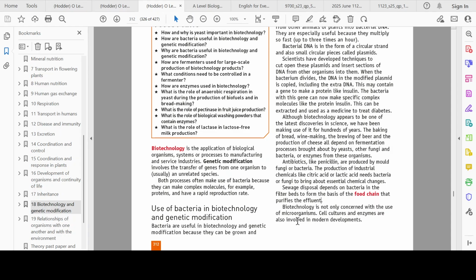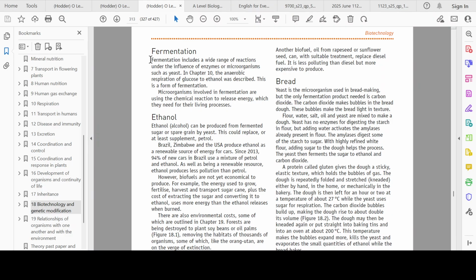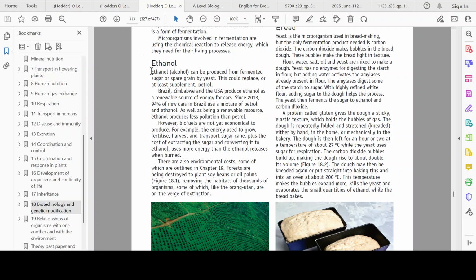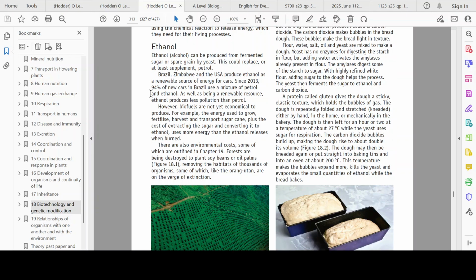Okay, so biotechnology does not only concern microorganisms. Cell cultures and enzymes, as I mentioned, are also used in modern developments. Fermentation involves the anaerobic respiration of yeast converting glucose to ethanol. Over here, it's talking about how ethanol can be used as a source of fuel, but the problem is that the sugar cane that needs to be grown is expensive, and therefore the fuel is expensive.